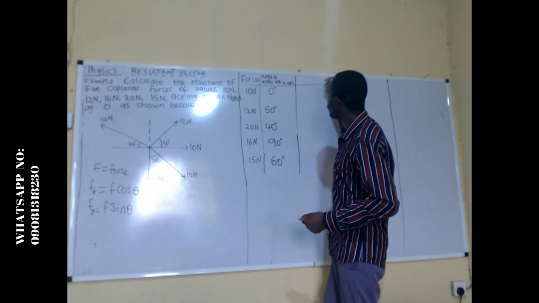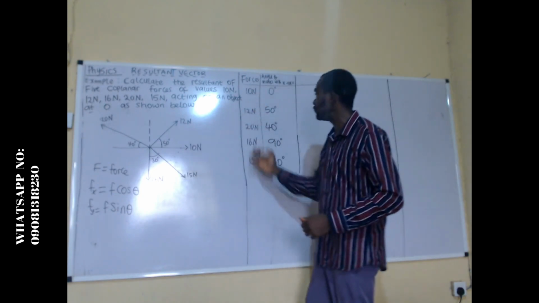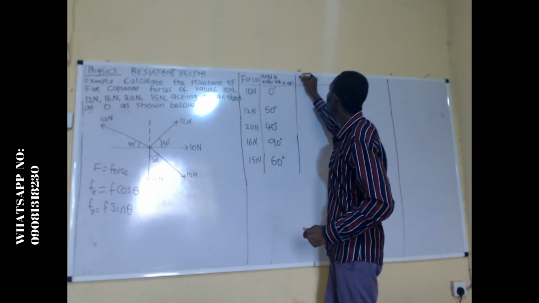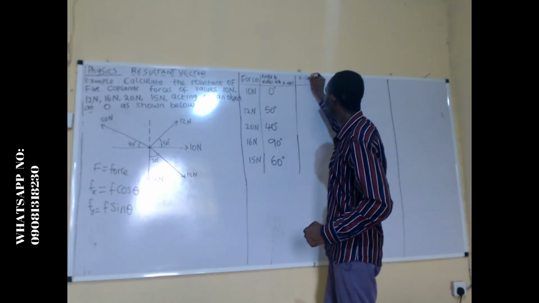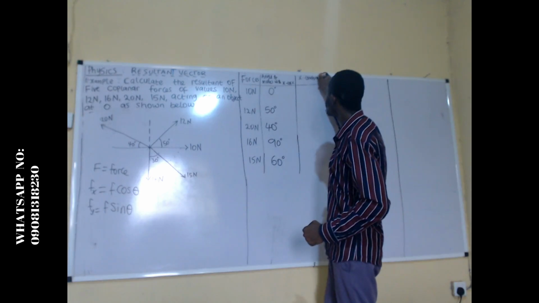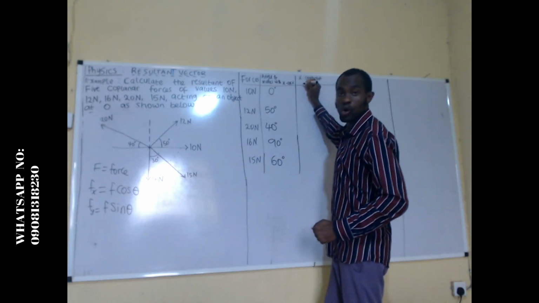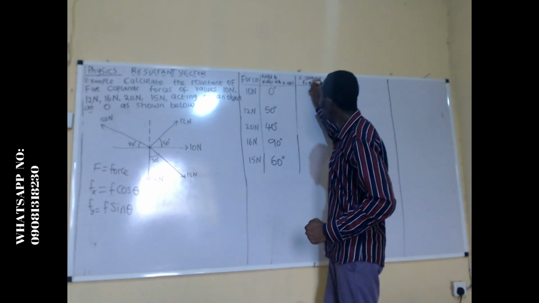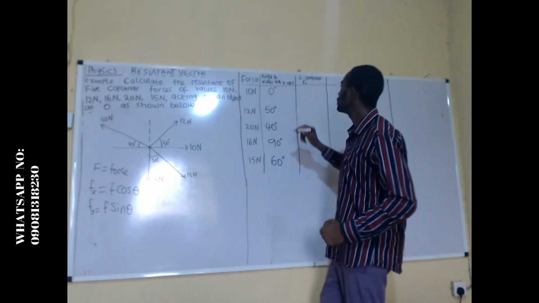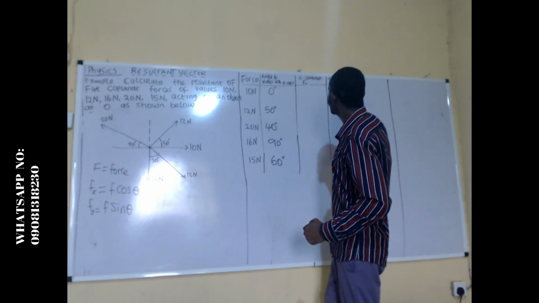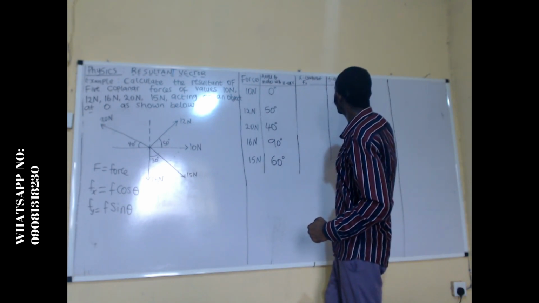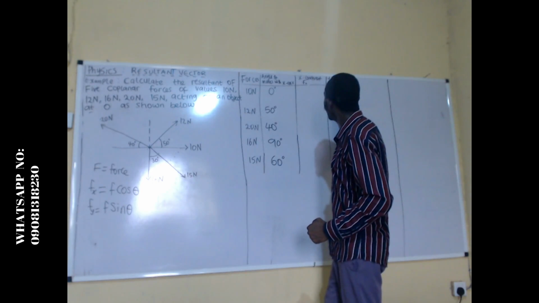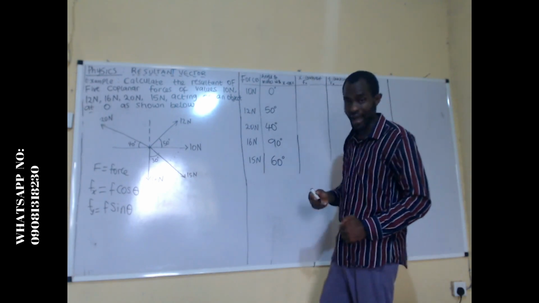Now, in this table, we want to start resolving each of these forces into its s component. So we'll create a table for the s components, which I will denote as Fs, and y components, which I will denote as F subscript y.